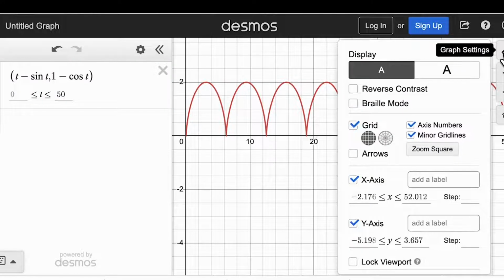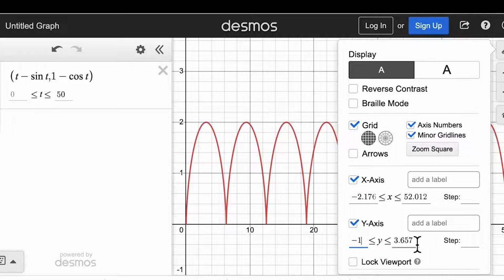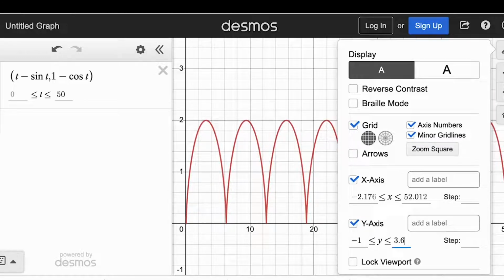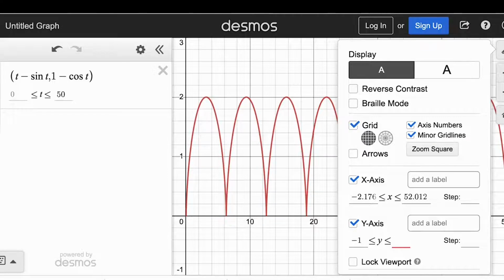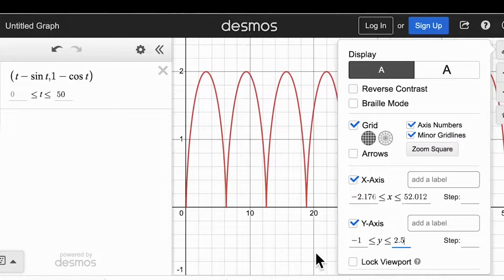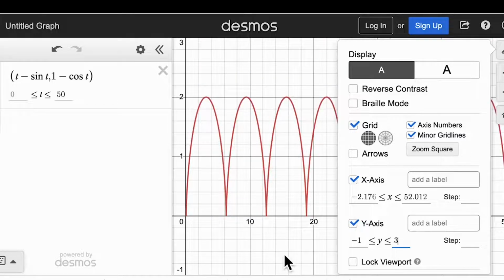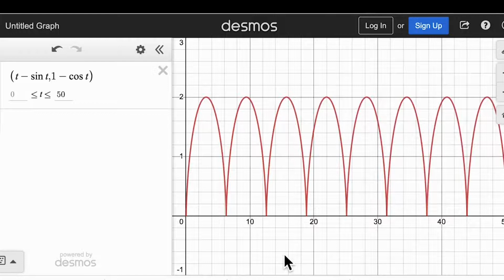Let me zoom it in the y direction. The y axis, I do not need negative at the moment. So, we can start with some negative 1 or so, and let us take it up to 3. So, look at the graph, this is y versus x.